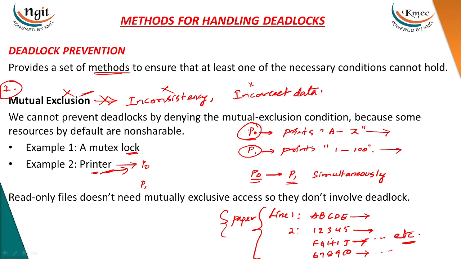This is not correct. It should print all the alphabets in one page, then all the numbers on another page. If you use the printer simultaneously for P0 and P1, the printing will be incorrect. We cannot give the printer simultaneously to both processes. This is by default mutual exclusion.